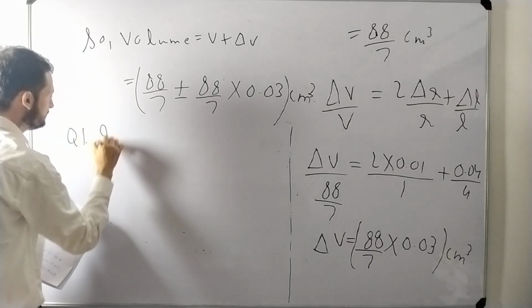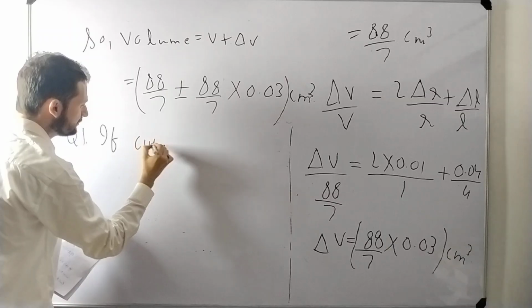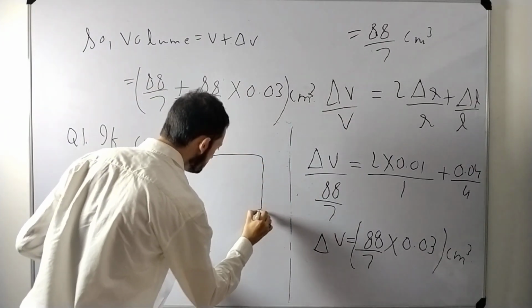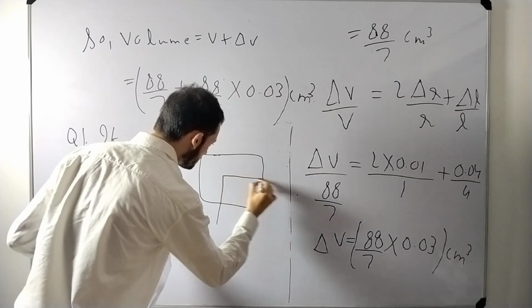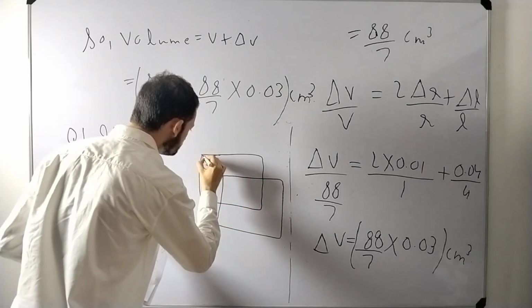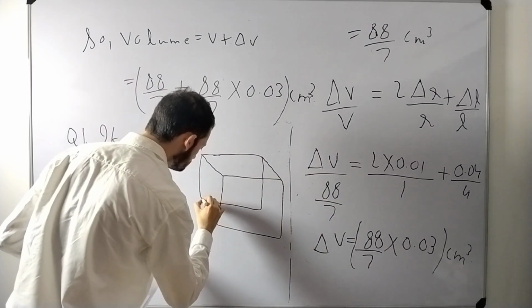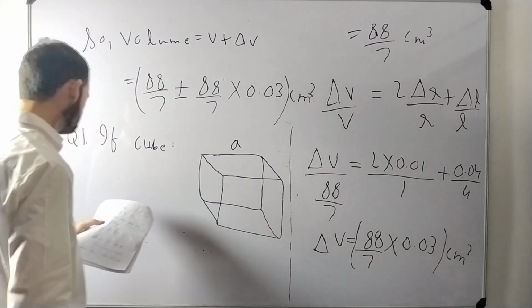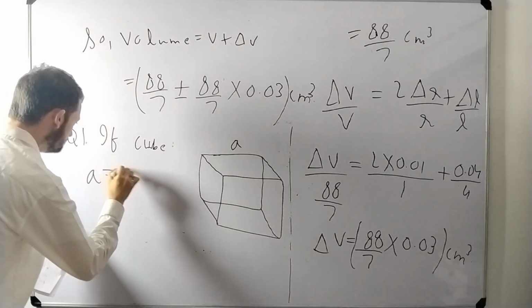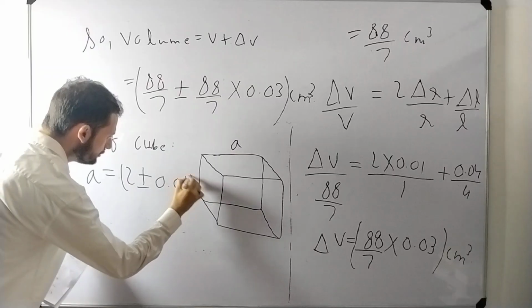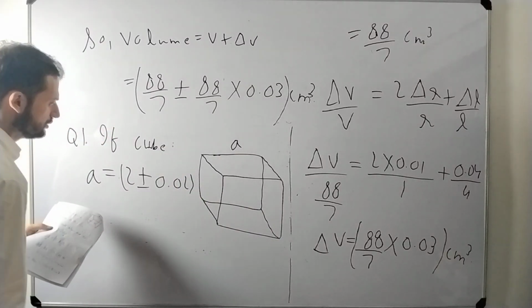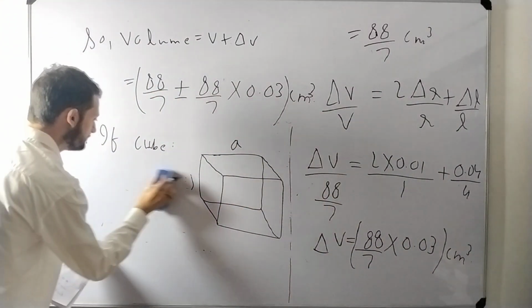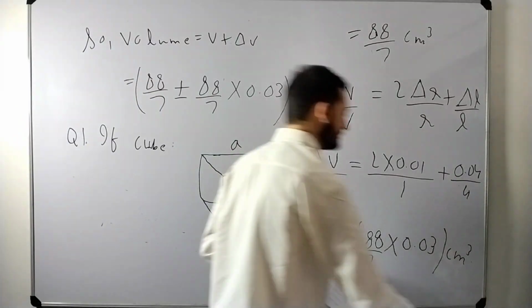Question next. We are given a cube such that, if a cube is such that, this is the side of it, A is equal to, so the number is actually, let me write the right number.